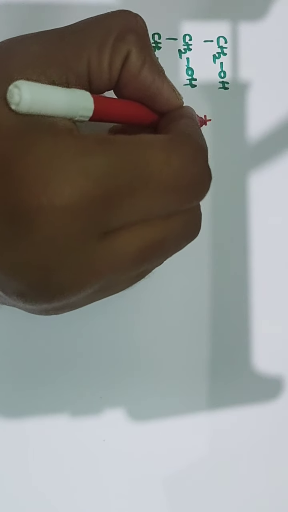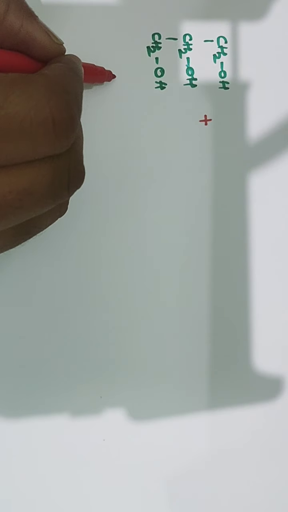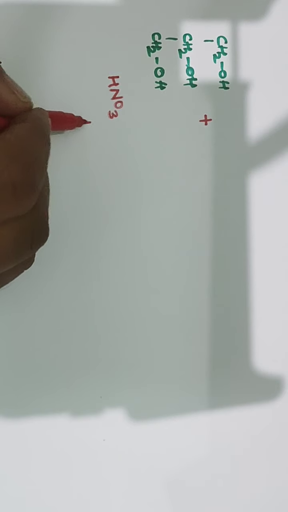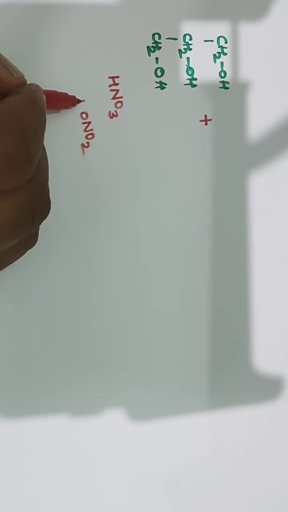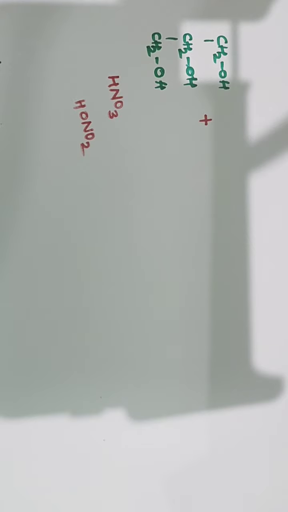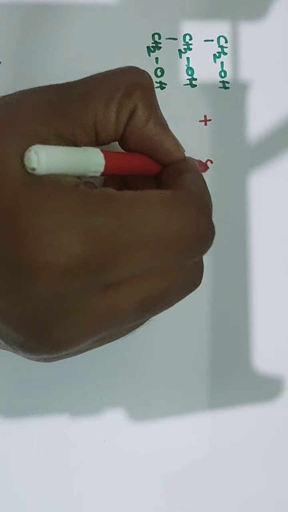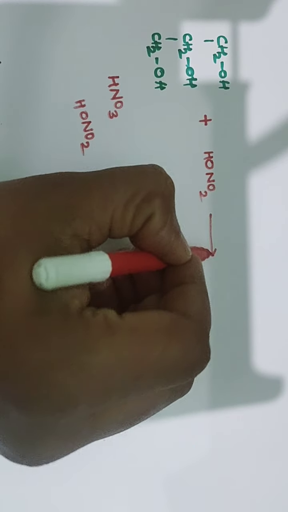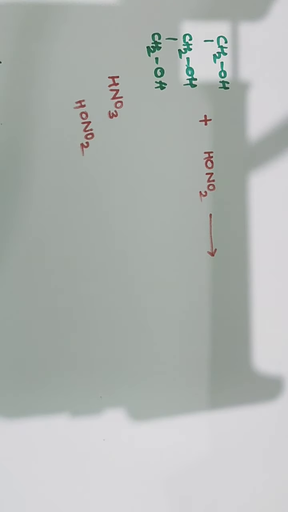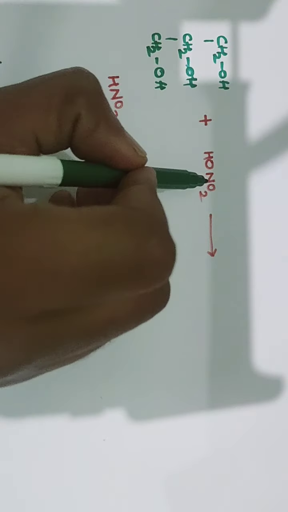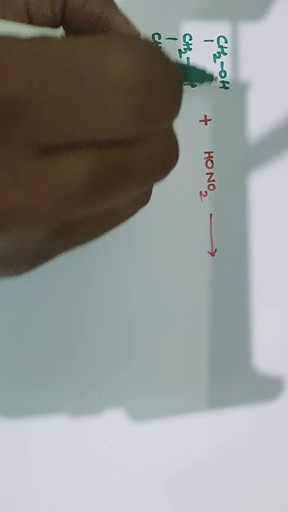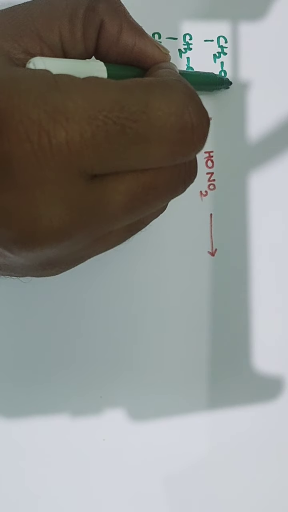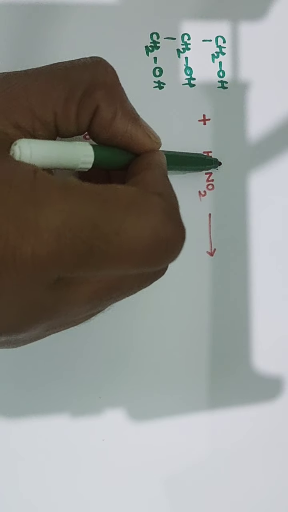So when you treat it with HNO3, nitric acid, HNO3 can be written as NO2OH. When it is treated with nitric acid, this NO2 group, this OH and this H go off as a water molecule.